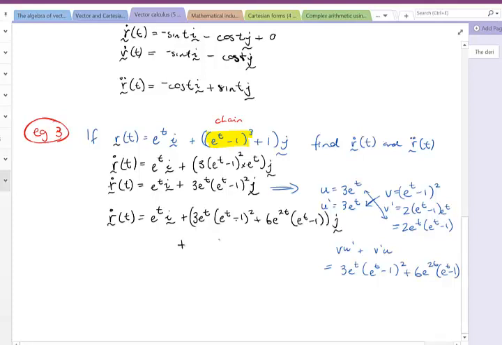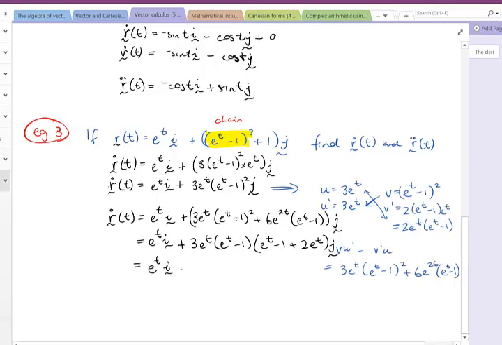And we can simplify that slightly because there's a common factor. So we can take the 3e to the power of t and the common bracket of e to the power of t take 1 out. And what we're left with is e to the power of t take 1 and 2 lots of e to the power of t in the j direction. So we'll finish off that line.